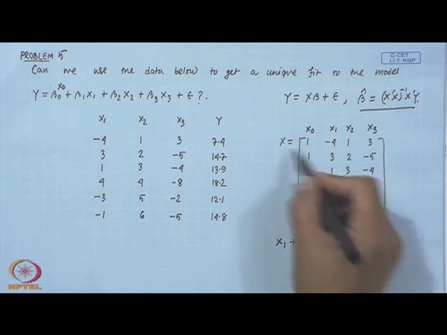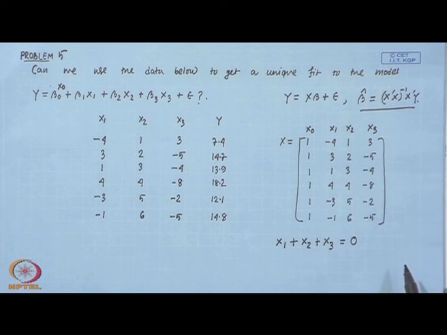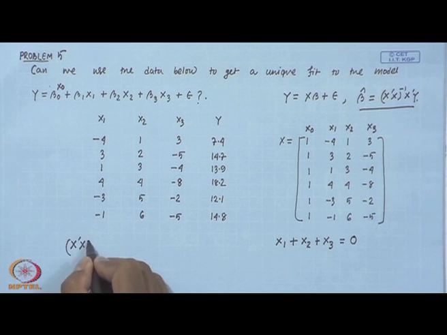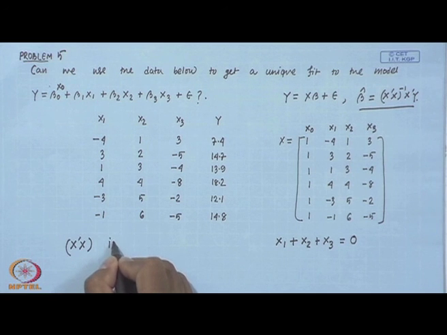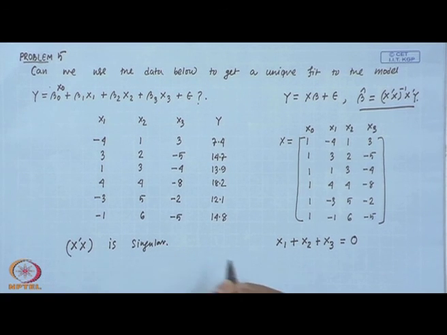That means the columns of this matrix are not independent, which implies that X prime X is singular, right. And if it is singular, the determinant of X prime X is going to be 0.